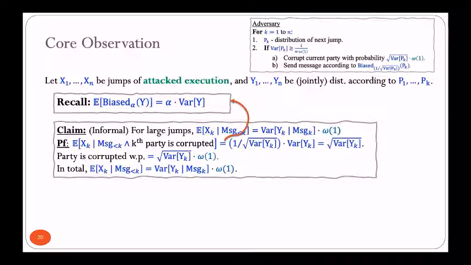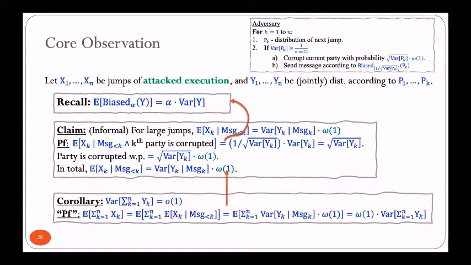This is exactly like the claim on the biased distribution, only applied on our protocol and the fitting random variables. So from this, we can draw the main observation in our analysis, which is that the variance over the yks is little o of 1.